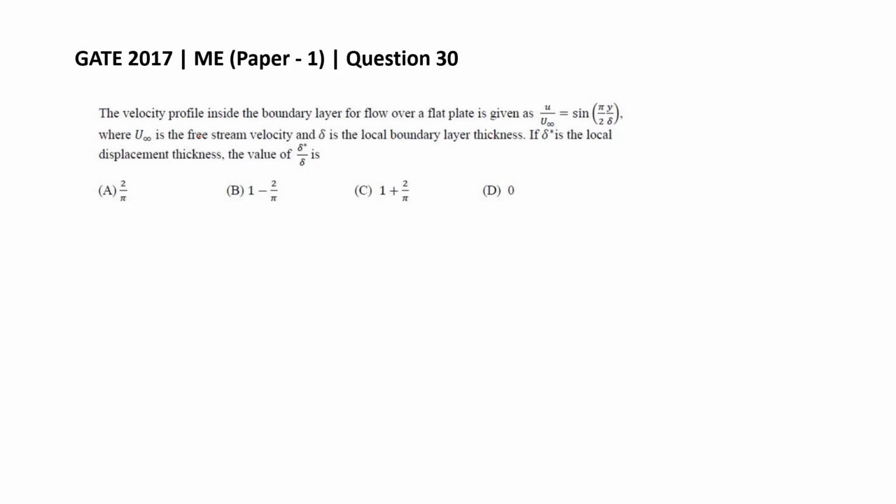So the velocity profile inside the boundary layer for flow over a flat plate is given. Some kind of velocity profile is given to you, which is a sinusoidal variation basically, where u infinity is the free stream velocity and delta is the local boundary layer thickness. If delta star is the local displacement thickness, the value of delta star over delta is.